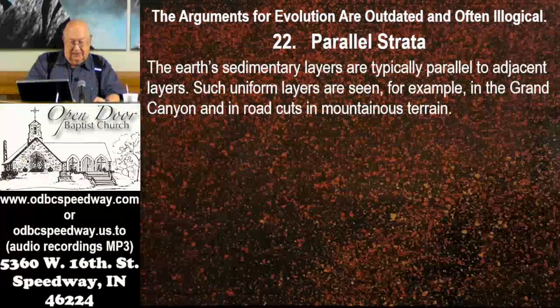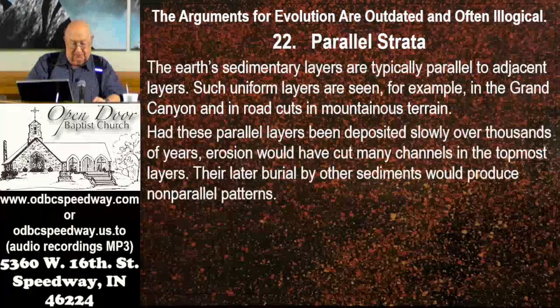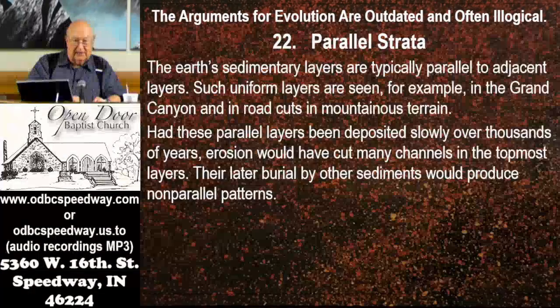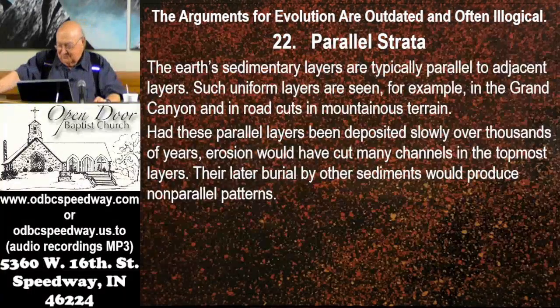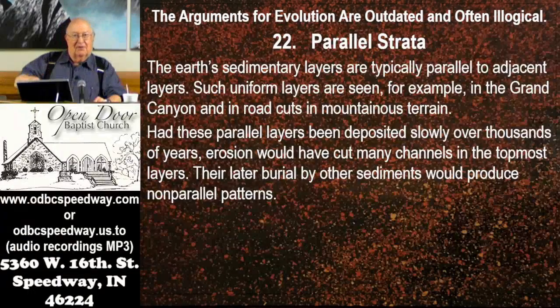The point here is, had these parallel layers been deposited slowly over thousands of years, erosion would have cut many channels into the topmost layers. You see, the idea of evolution is that you can go down here and see, well, this is 100,000 years ago and this is 200,000 years, that all those laid down just bit by bit by bit.